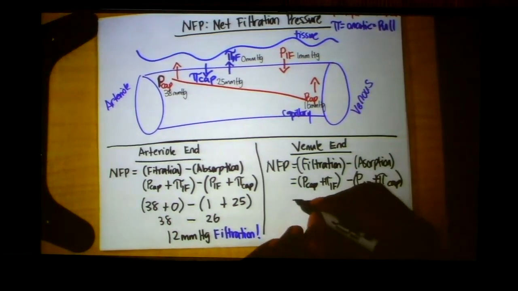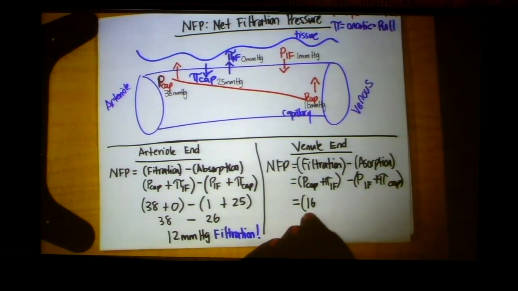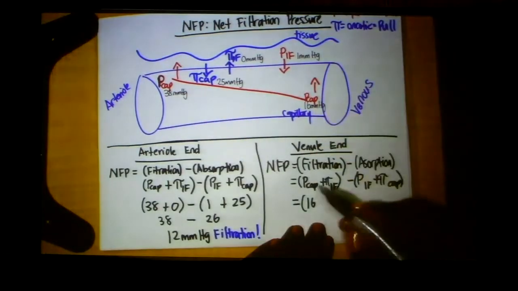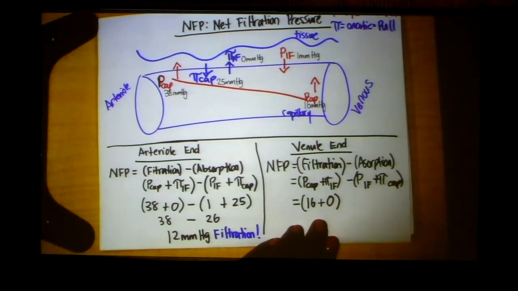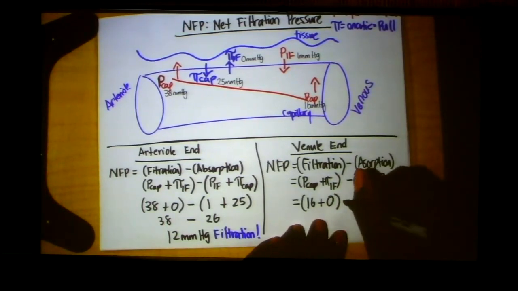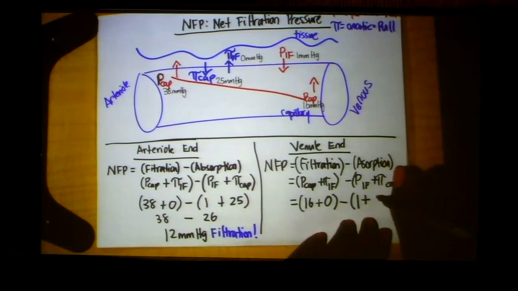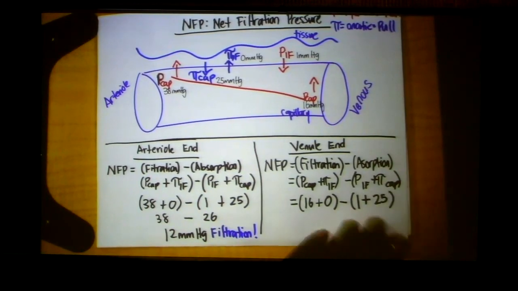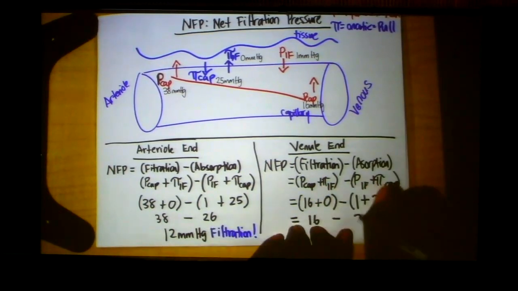Remember, our capillary hydrostatic pressure is now less on this side. This is the only value that really changes as we get to the venule end. So we've got 16 plus 0, which is our same interstitial fluid osmotic pressure, and we subtract out 1 for interstitial fluid hydrostatic pressure and 25 for capillary oncotic pressure. That gives us 16 minus 26.